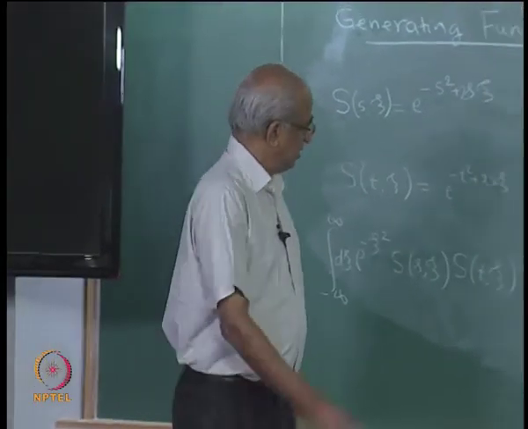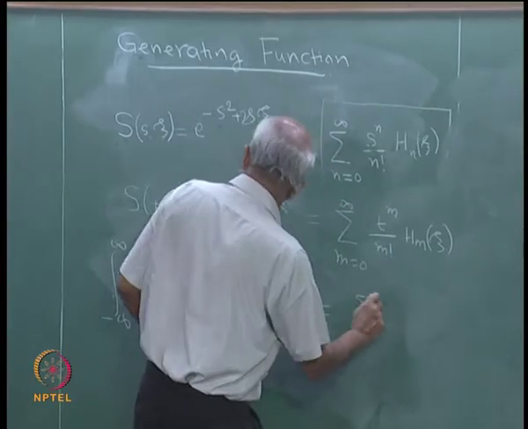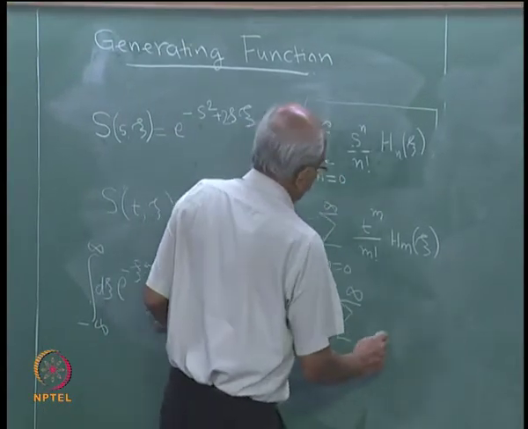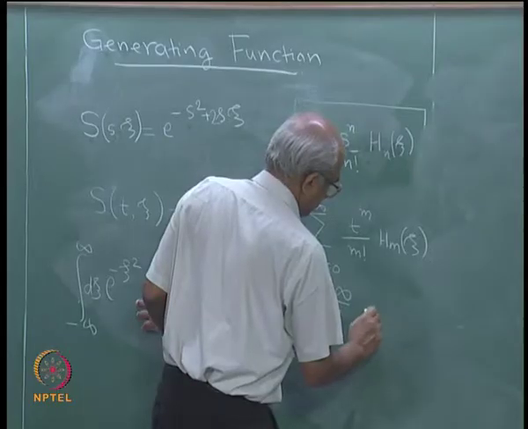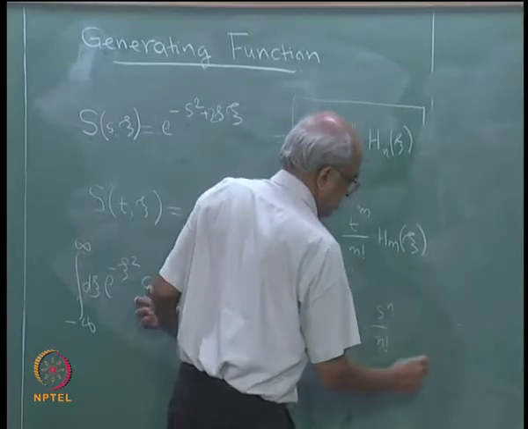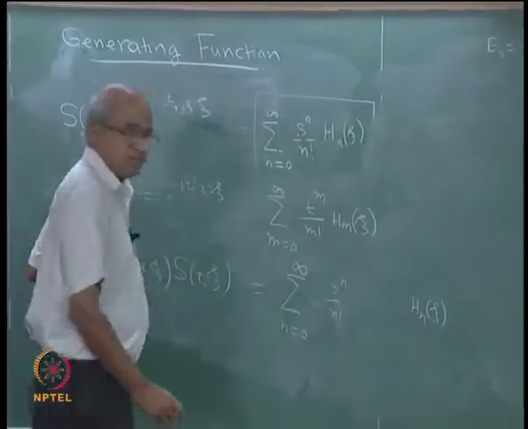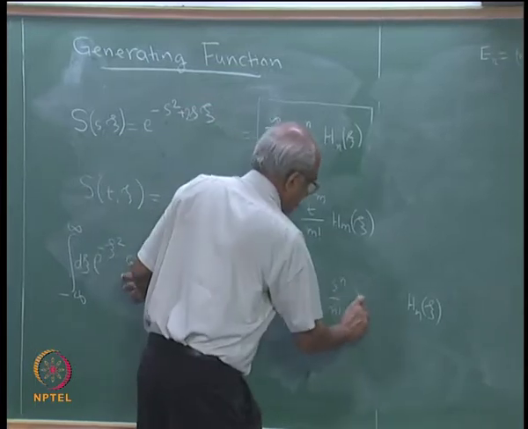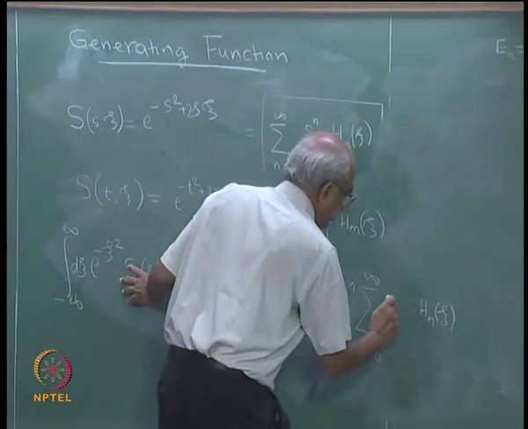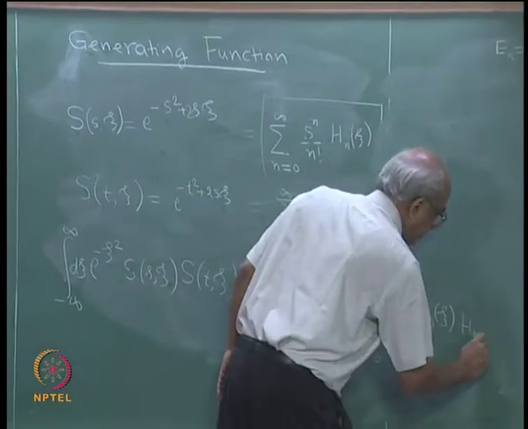It is fairly obvious now, because the right hand side will be sigma n going from 0 to infinity, s to the power of n by n factorial, multiplied by Hn of c, and then sigma m going from 0 to infinity, t to the power of m by m factorial and Hm of c.